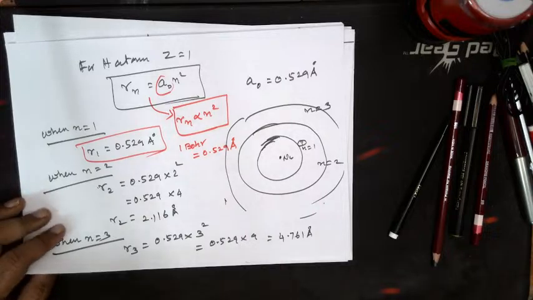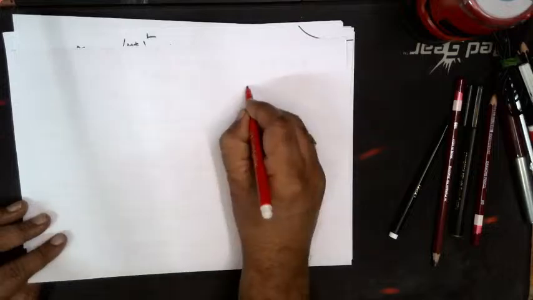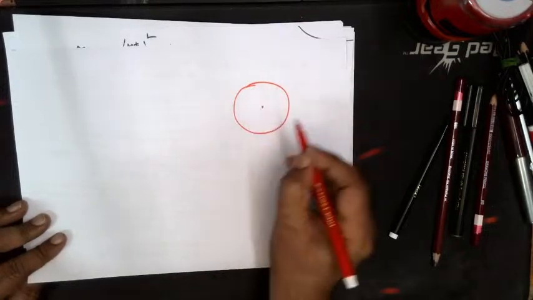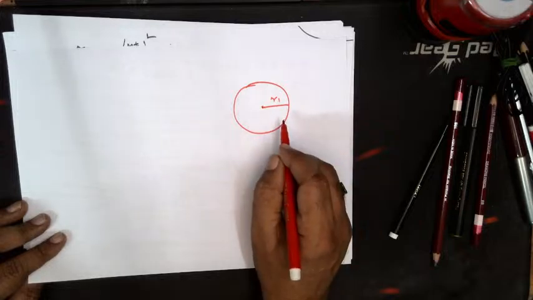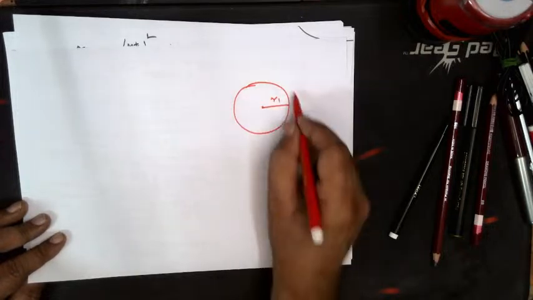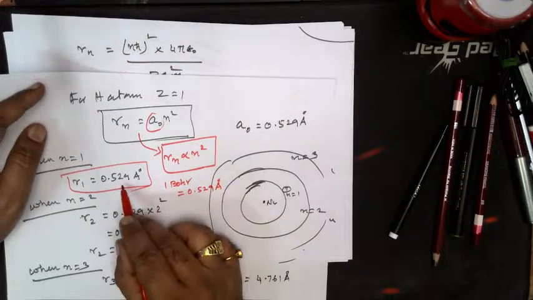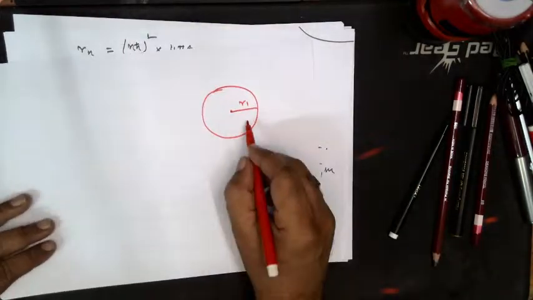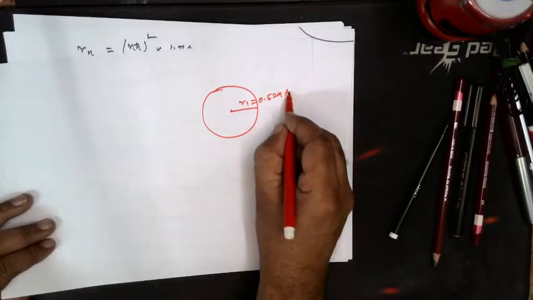So roughly what could be the diameter of the hydrogen atom? 2R. So take down, calculate the diameter. This is the hydrogen atom nucleus, and this is found to be R1, assuming that the electron is revolving in the first orbit. What is its value? It is 0.529, is it not? So R1 is equal to 0.529 Angstrom.